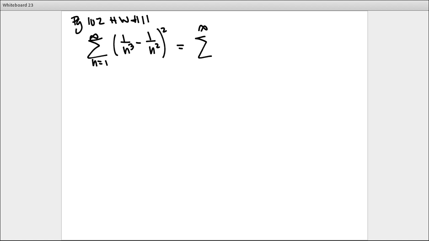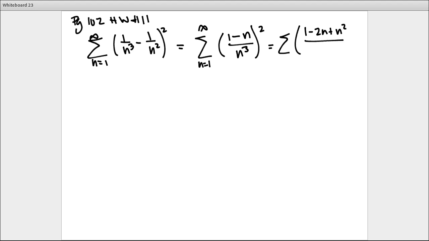Yeah? What I would do on this guy is I would rewrite it so that it's a single fraction. So you would have a 1 minus n over n cubed, just by getting a common denominator on that second one. And then that would be equivalent to 1 minus 2n plus n squared over n to the third to the second, so to the sixth.